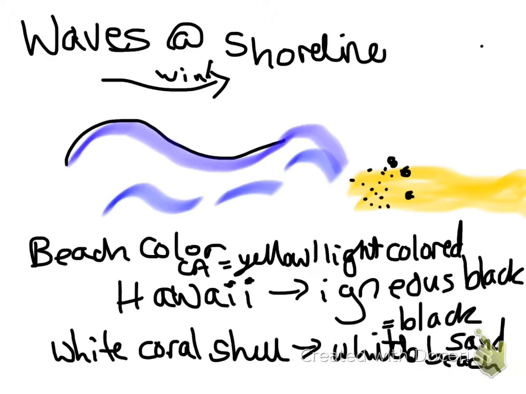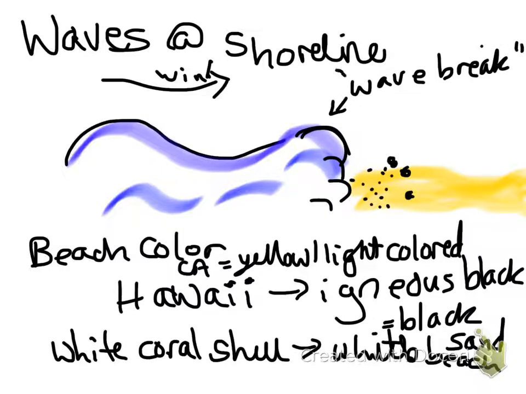All right. Also on the beach, actually, let's go back and look at that. Here, right, as the waves hit the sand, the waves break, is what it's called. And when waves break, they release energy, which NRG is short for energy.